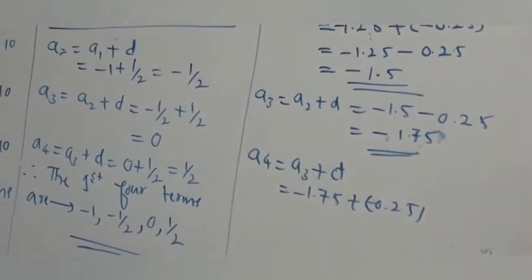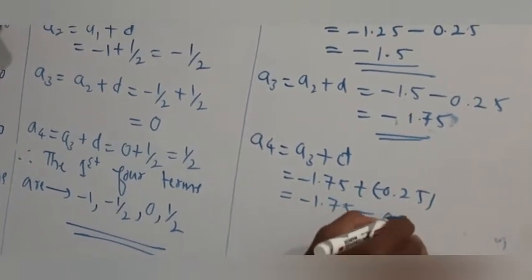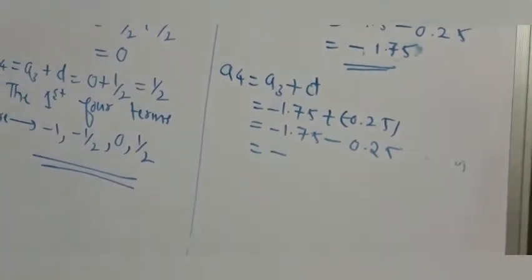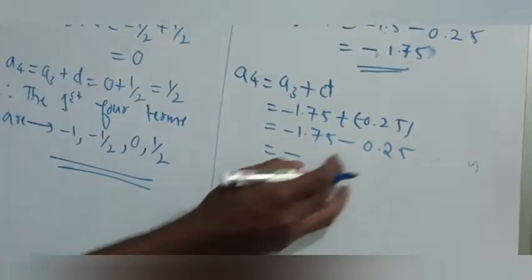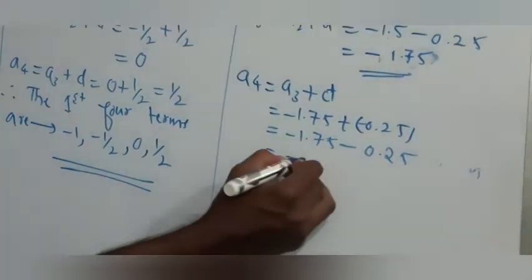Directly if you take, no problem. -1.75 minus 0.25 is 2, so minus 2.